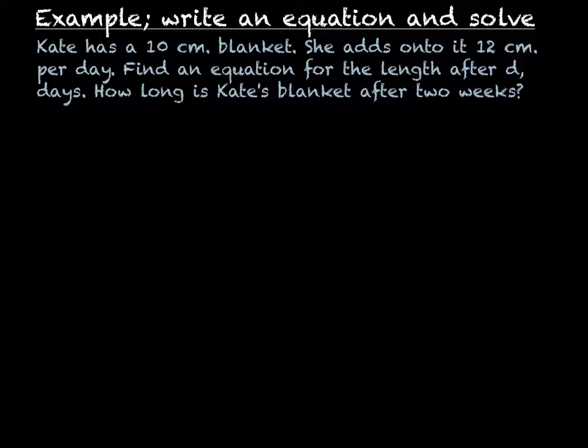For this next example, Kate has a 10 centimeter blanket. So she starts with a 10 centimeter blanket. She adds onto it 12 centimeters each day. Find an equation for the length after d number of days, and how long is Kate's blanket going to be after 2 weeks. So first, we want to know the length. So we're going to call the length L. And that's going to be what she starts with, which is 10, and she's adding on to it 12 centimeters each day.